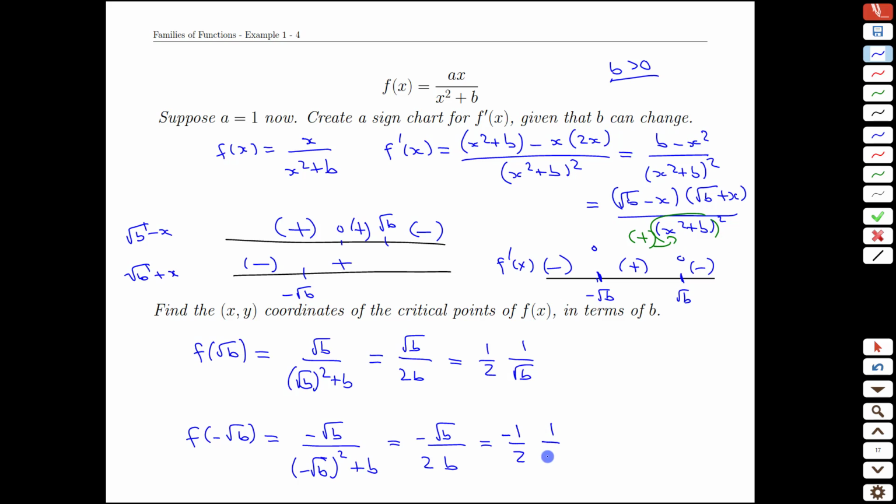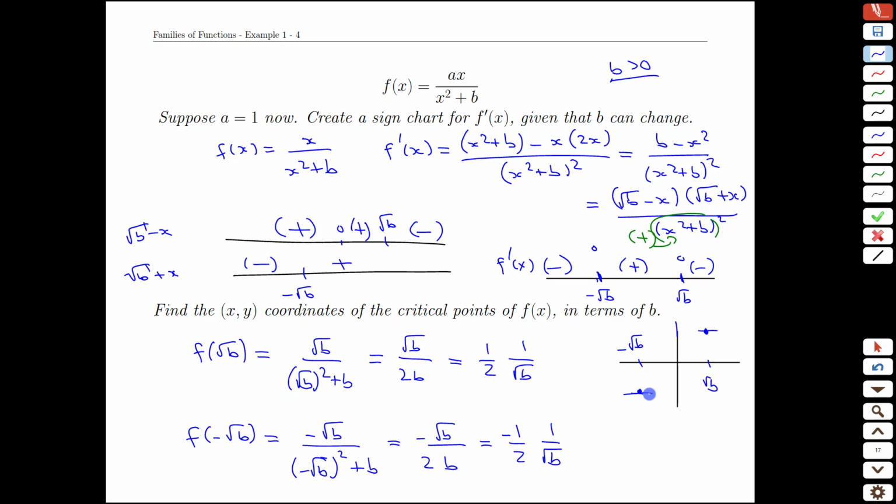So we're going to have a negative y coordinate. So what we're tracking out here is, if we have a critical point at root b, where is it? Well, it's going to be up top, it's going to be positive, it's going to be at this y coordinate. And if we look at the negative root b critical point, it's going to be below the axis, it's going to be down here somewhere.